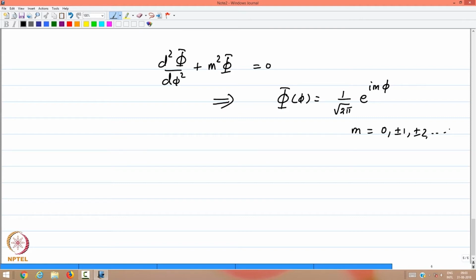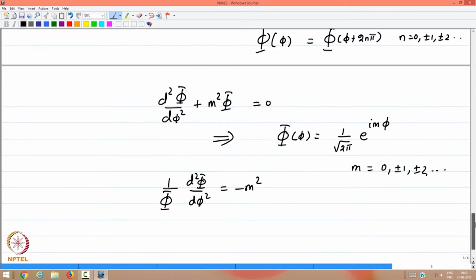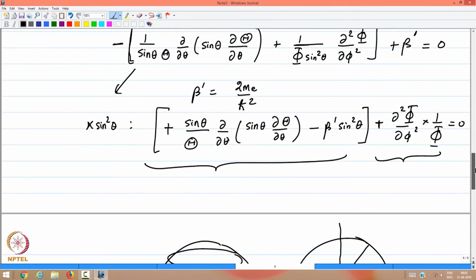If we put this equation, 1 by phi d squared phi by d phi squared as minus m squared, then you go back to the angular equation here. We have equated this whole thing to minus m squared, and therefore this is plus m squared, and the phi equation tells you m is an integer, plus or minus.